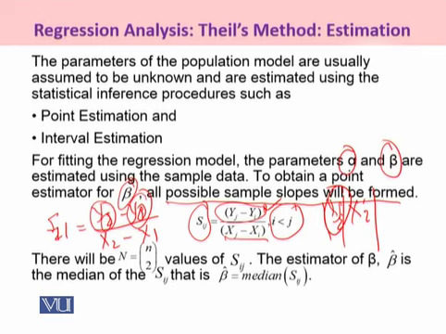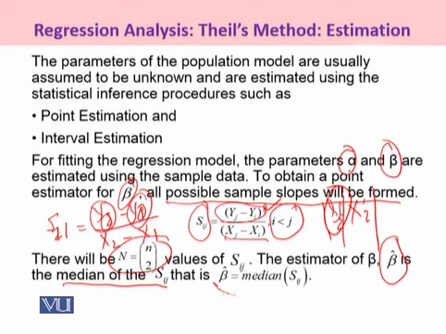Once you have calculated all possible sample slopes by making use of the y variable and x variable, in totality there will be NC2 values that you will be calculating for all possible slopes. Once you have done that, the estimator of beta, denoted as beta hat, is actually the point estimate, that means the median of the Sij.